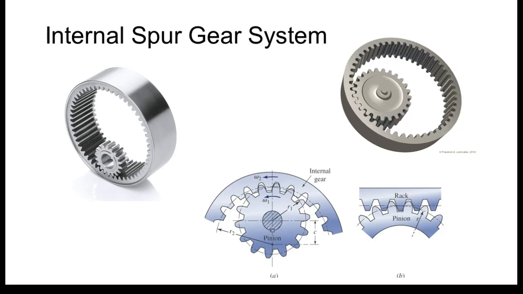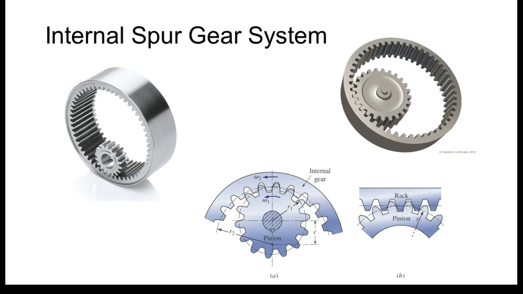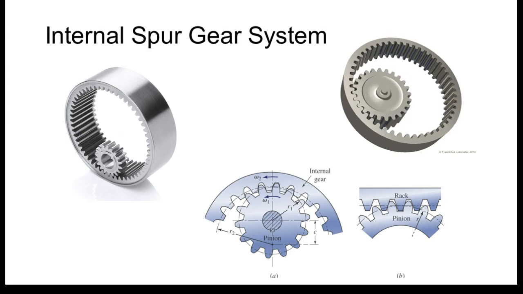This is called an internal spur gear. Now, what advantage does an internal spur gear have over a regular spur gear? You're exactly right. It doesn't take as much space.